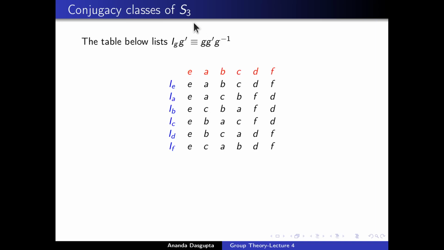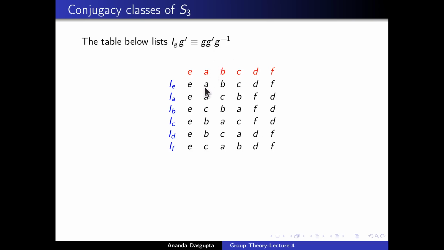I will just point out that, for example, the top line, I_E, which is the inner automorphism generated by E. Namely, given any element in the top row here, the element right below that is what E g prime E inverse would produce.